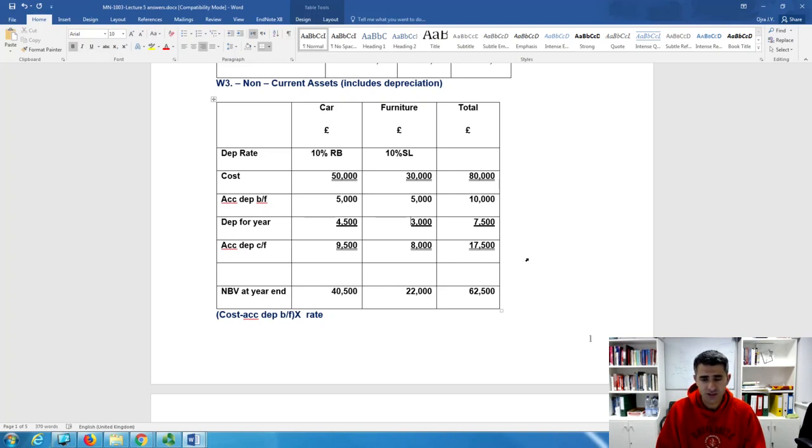There is nothing there to help. When it comes to a question like this in financial statements, when it tells you to calculate depreciation using straight line, you simply take the percentage and calculate it of the cost, which is 30,000 pounds. So 30,000 pounds multiplied by 10% equals 3,000 pounds, and this is the depreciation on the furniture.